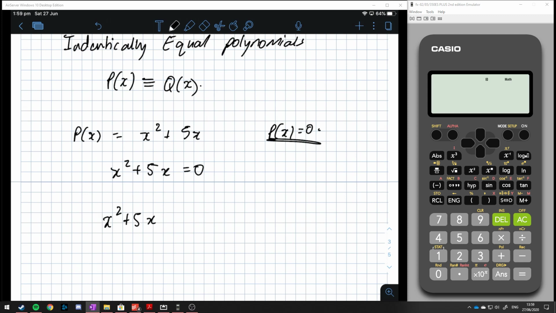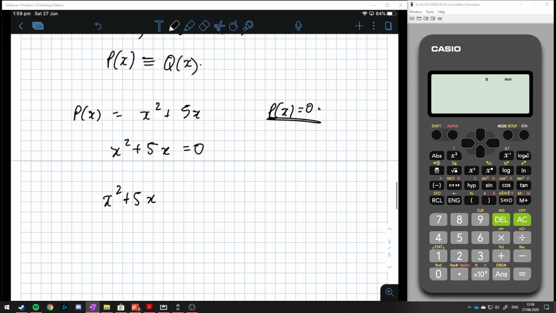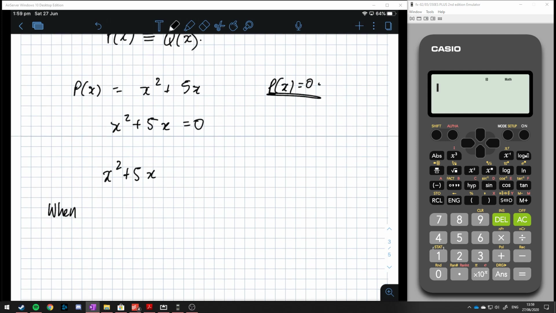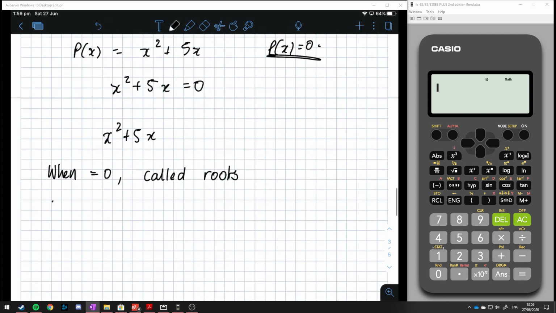Those are called the zeros, because we're not making it equal to 0. So when it's equal to 0, they're called roots, and when by itself, they're called zeros.